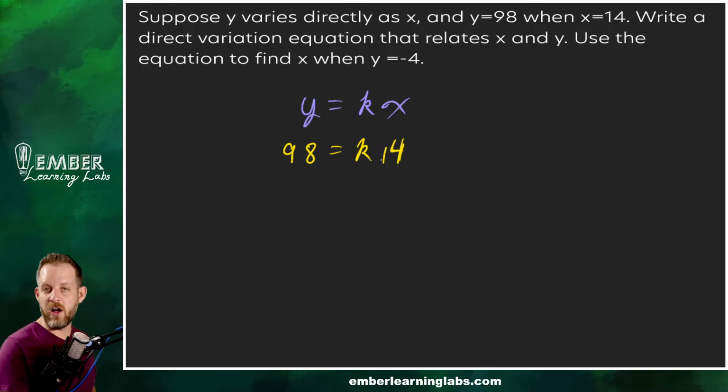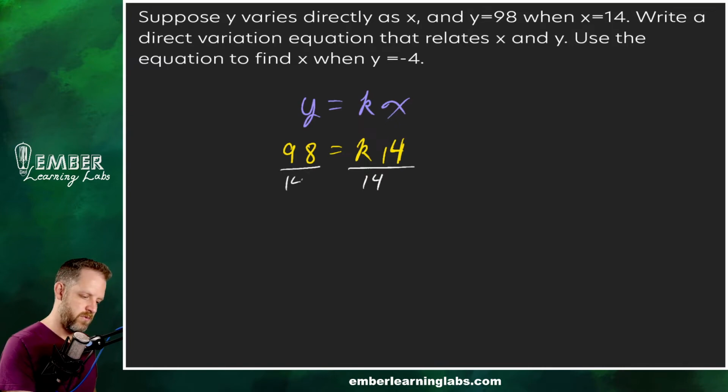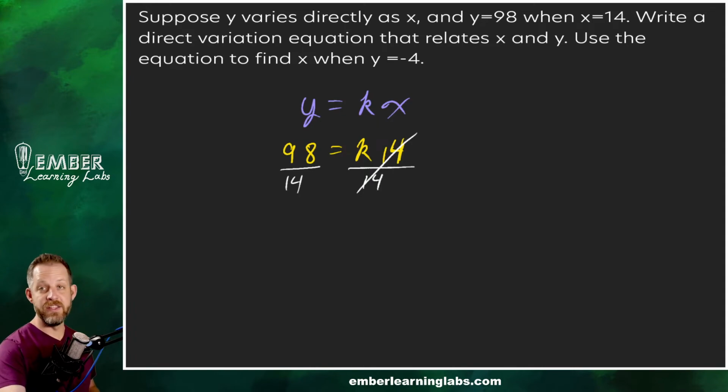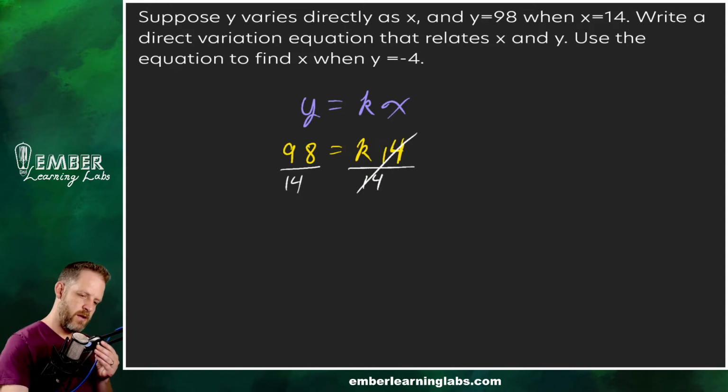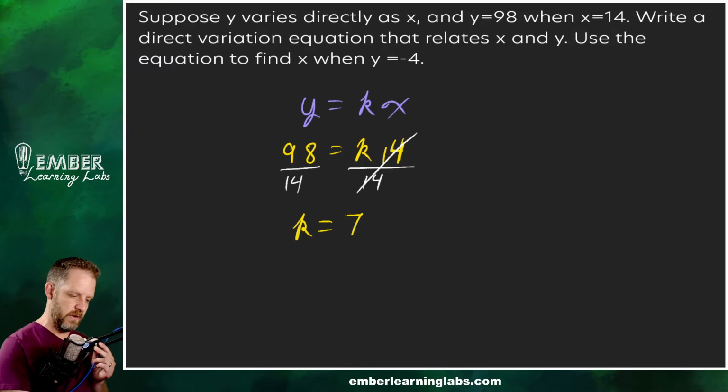So we need to solve for that constant of variation, right? So we're going to divide by 14. Those 14s cancel out. And then 98 divided by 14 is 7, right? So k equals 7.